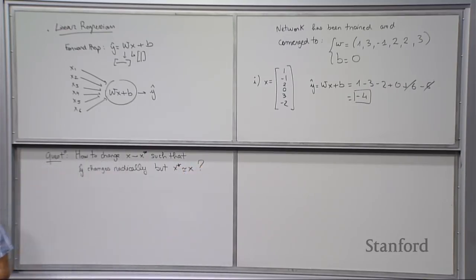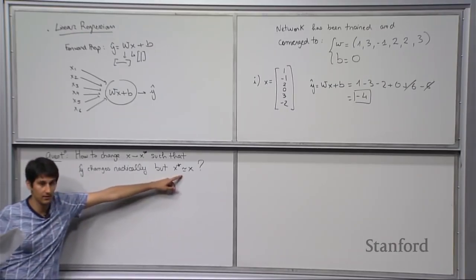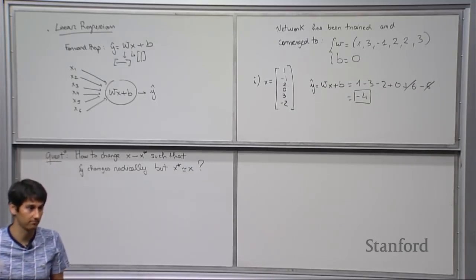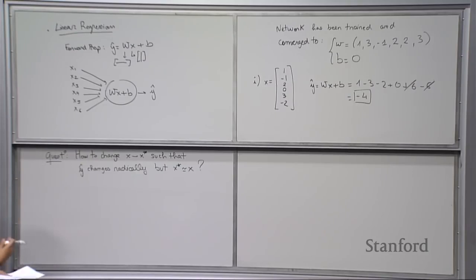This is basically the problem of adversarial examples. Can we find an example that is very close to x, but radically changes the output of our network? We're trying to build intuition on adversarial neural networks. So the interesting part is to identify how we should modify x.